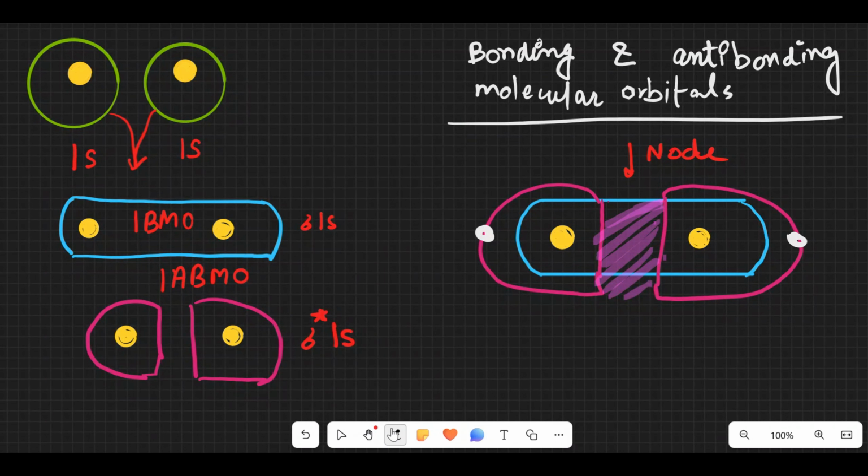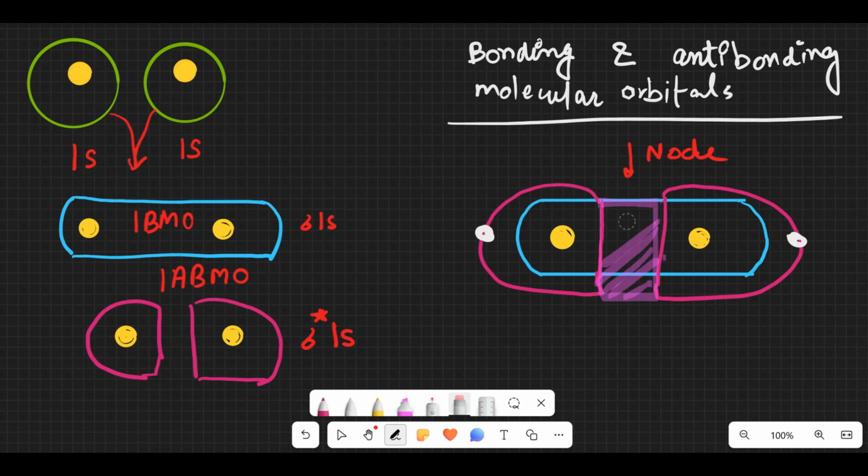If we have an electron in the separate lobe of anti-bonding, we can see that this gap is empty, and electrons are not present between the nuclei. That is why they are called anti-bonding, because they are present away from the nuclei.